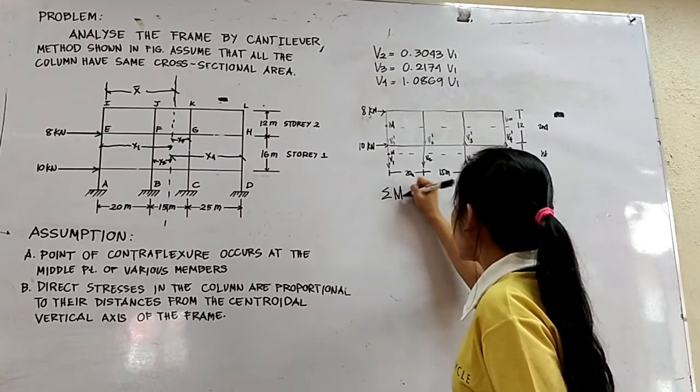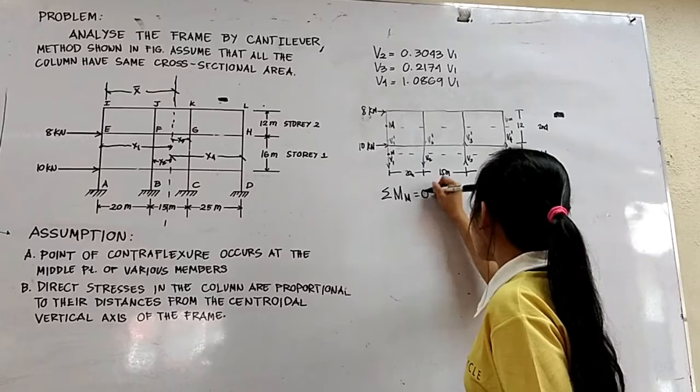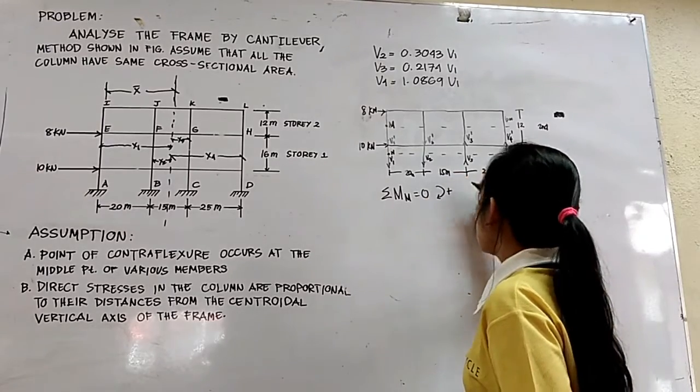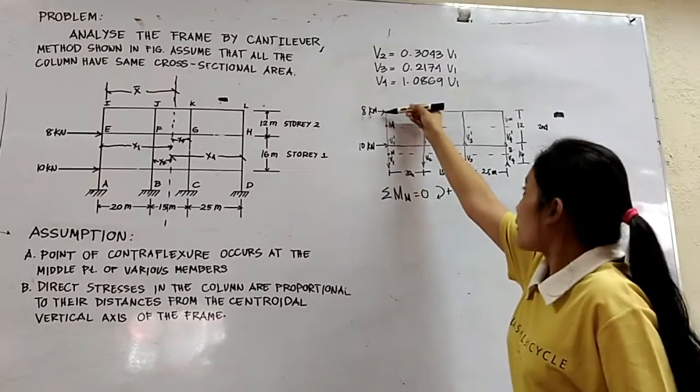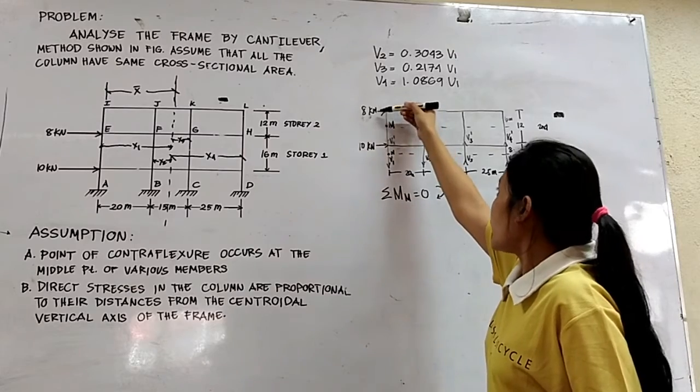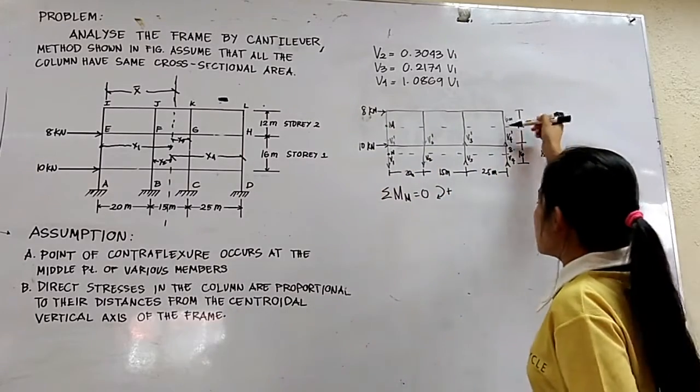Summation of moment at M is equal to 0, clockwise positive. So here, we have a load of 8 kN. The distance is 6.